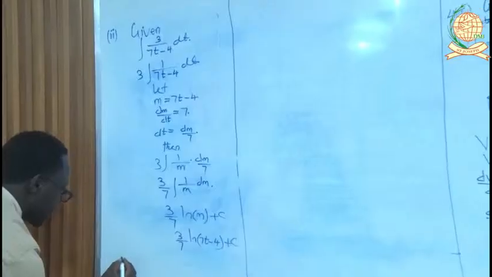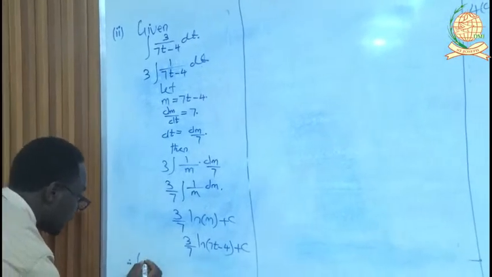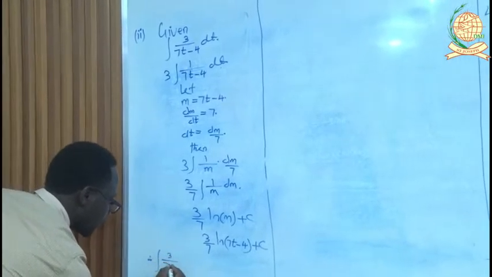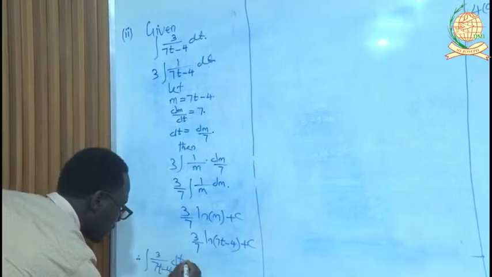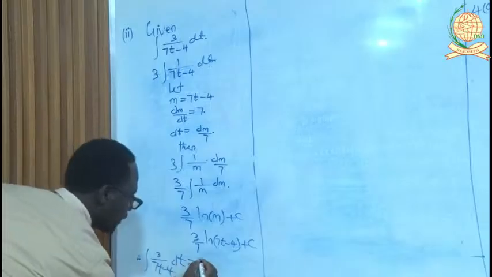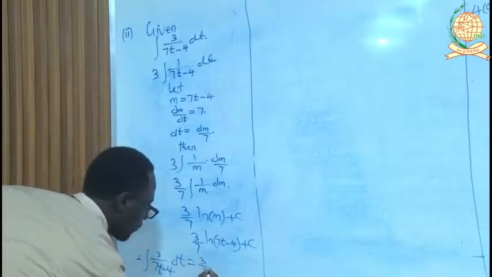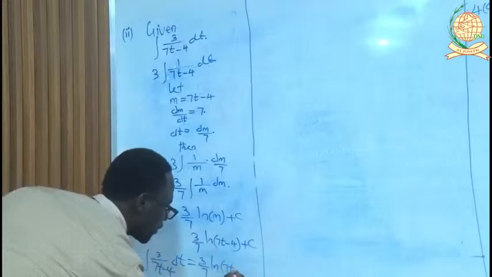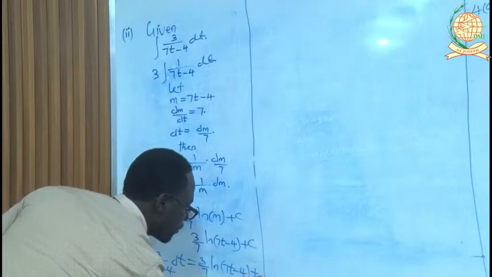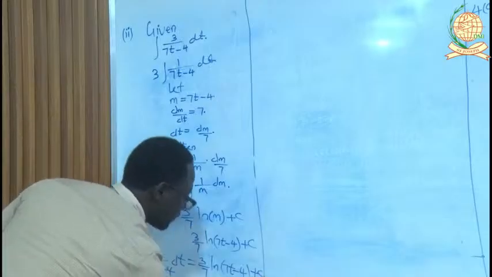And then this is the answer. So if we integrate 3 over 7t minus 4 dt, you'll get 3 over 7 ln of 7t minus 4 plus a constant c.